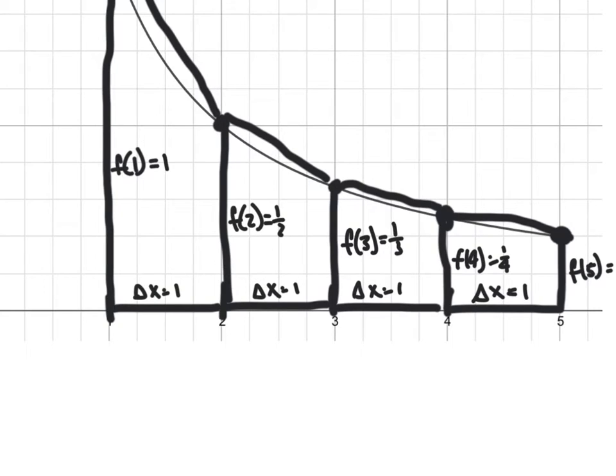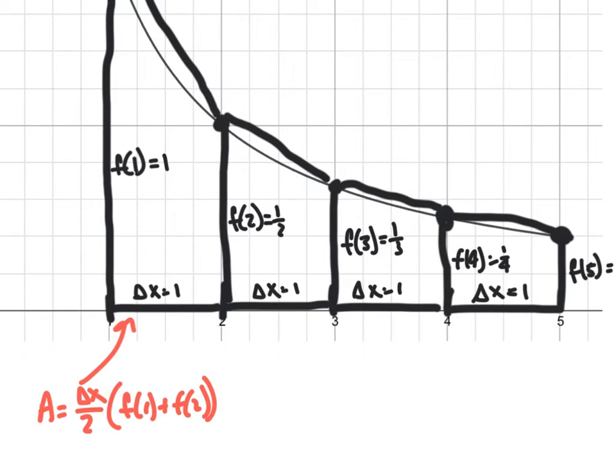Now here's what I'm going to do. I'm going to write that stuff down here. The area here is equal to, and remember, delta x over 2 times the sum of my function values. So watch what I do. I'm going to do delta x over 2 times f of 1 plus f of 2.